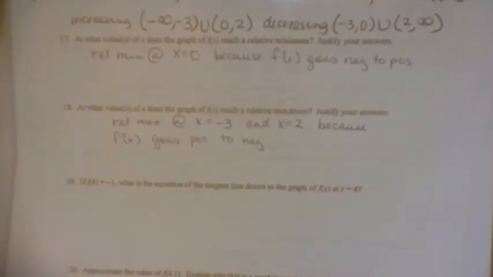Okay, on number 19. What do I need to do? I need my slope. They gave me a point of tangency, so I have my point of tangency. I need my slope.